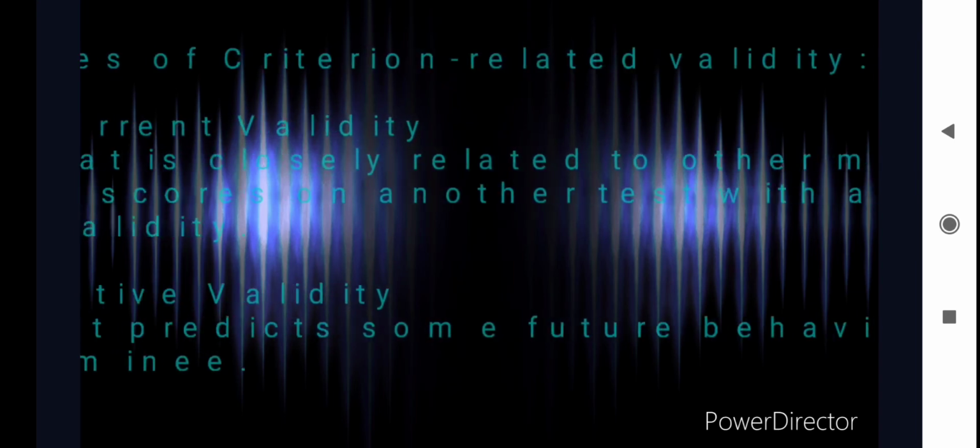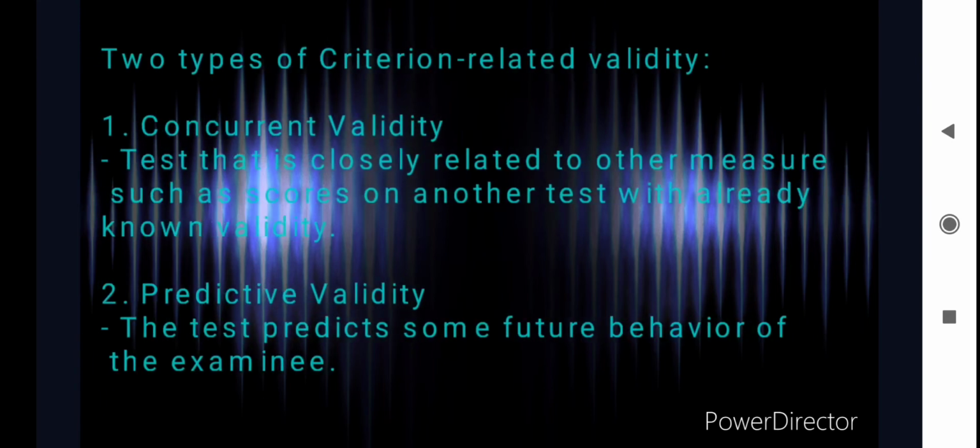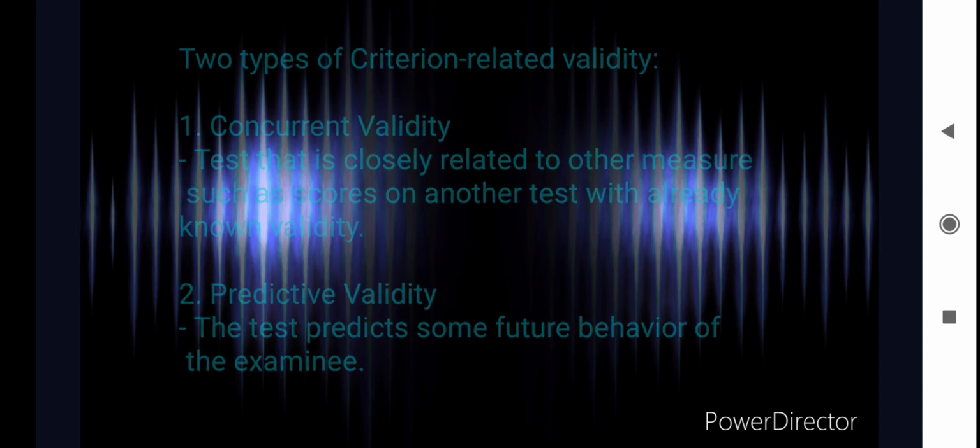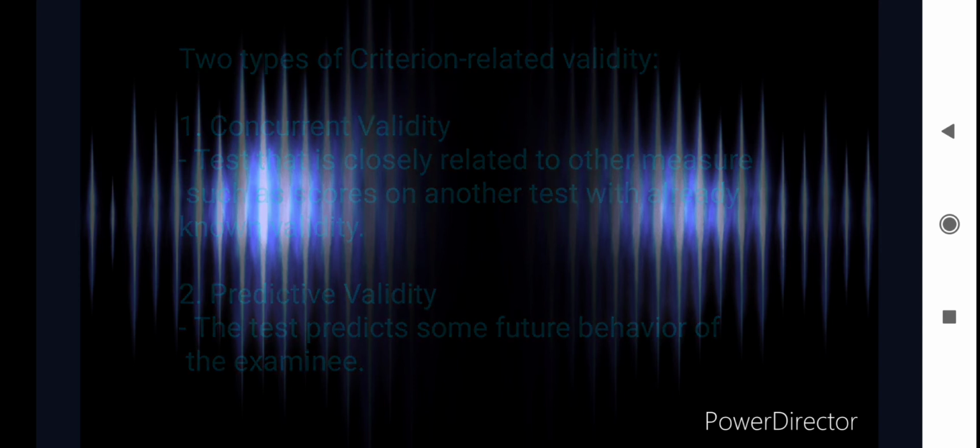Two types of criterion-related validity. First, concurrent validity. The test is closely related to other measures, such as scores on another test with already known validity. Second, predictive validity. The test predicts some future behavior of the examinee.